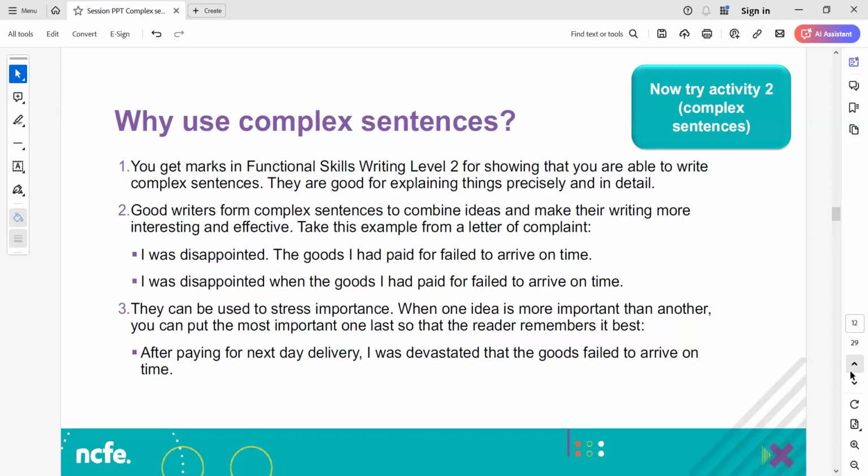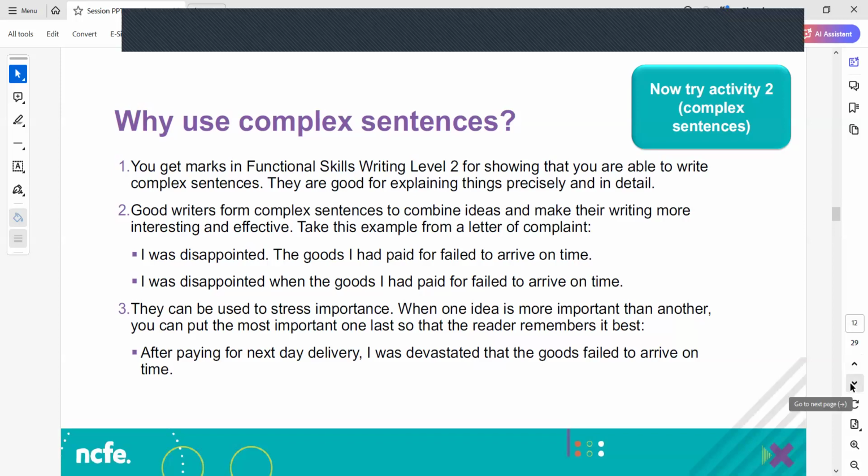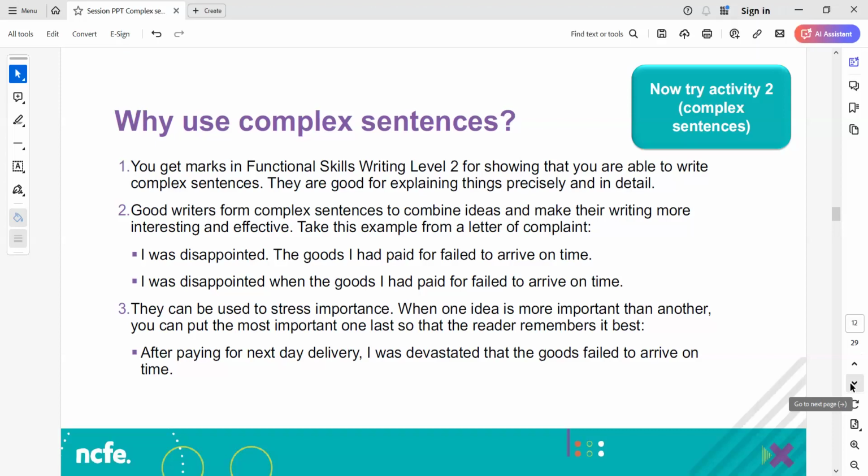And then once you are able to spot them easily, you can use them yourself in your own writing. If you are doing some writing practice, see if any simple sentences could have some more detail put in to make them into complex sentences. It's all about practice.